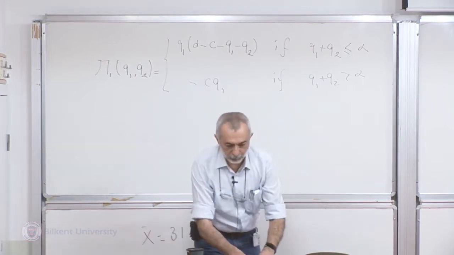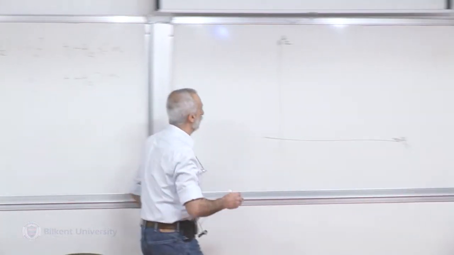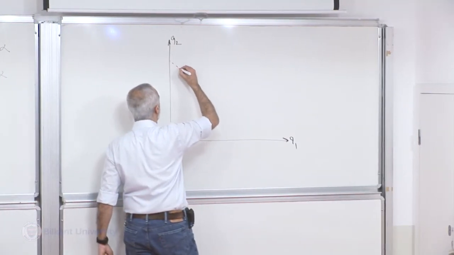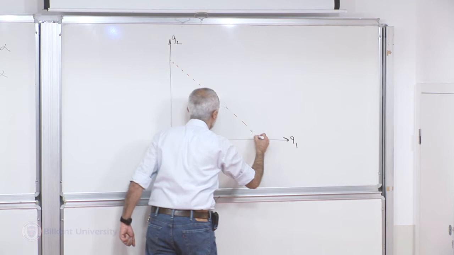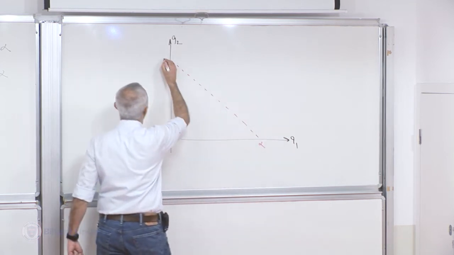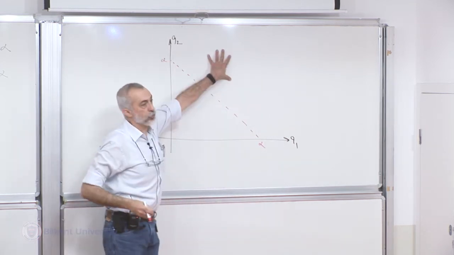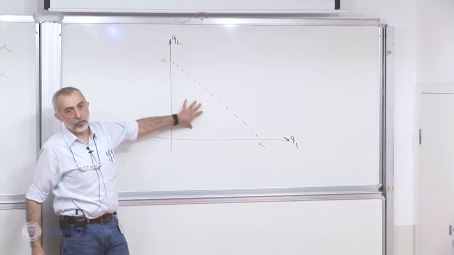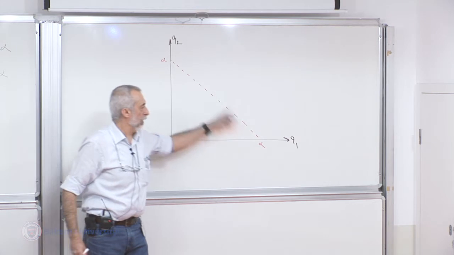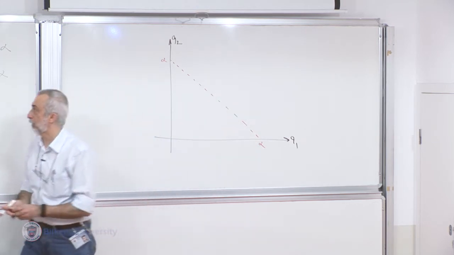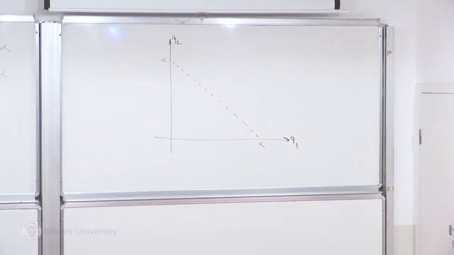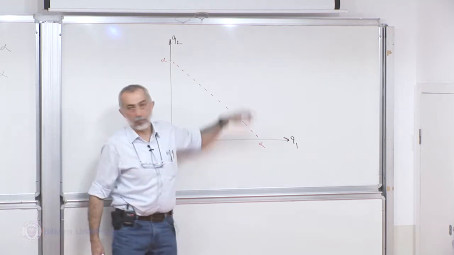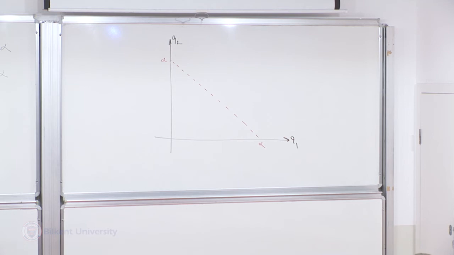So we said, let's break the first quadrant into 2 regions: the region where Q1 plus Q2 is bigger than alpha, the region where Q1 plus Q2 is less than alpha, and we have equality, which already falls into one of the regions. Okay, so we started with the simple one. If we're in this region, the profit function behaves in this manner.